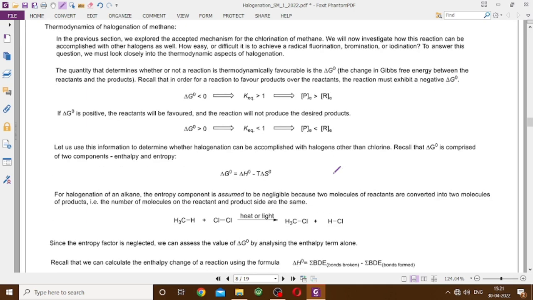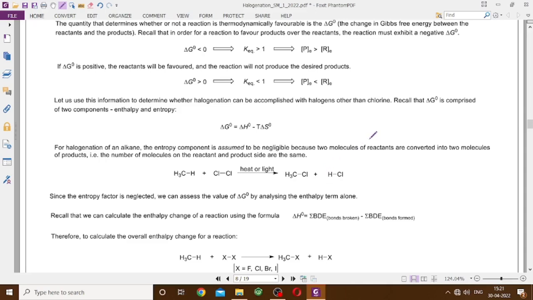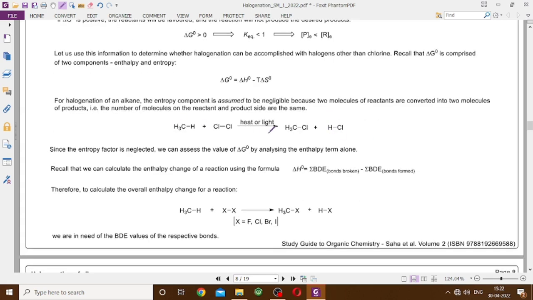If we break this down even more, then delta G0 is constituted of two components. One is the delta H0 and the other is the entropy term, T delta S0. Entropy, we are not very comfortable with, because this cannot be calculated very easily, just like enthalpy can be. If we look at the stoichiometric net reaction, then two molecules of reactant are giving rise to two molecules of product.